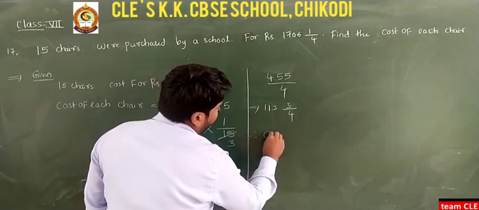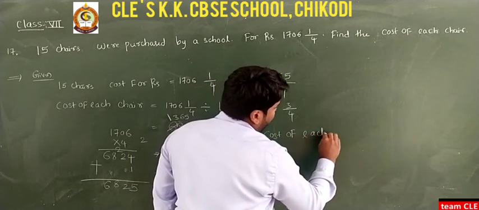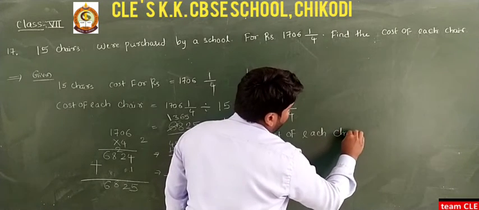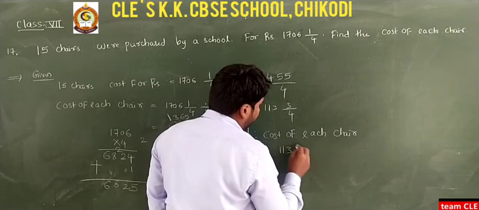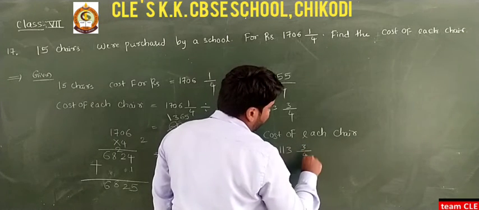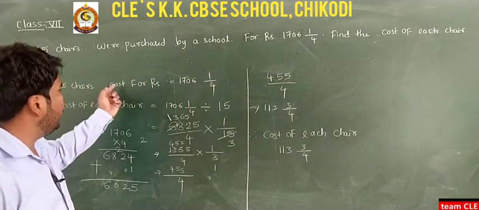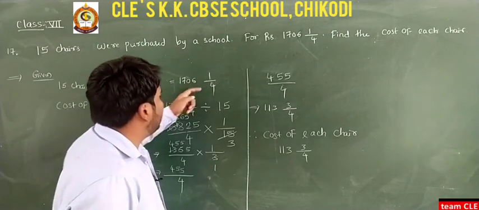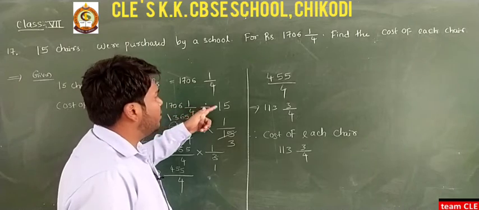Therefore the cost of each chair is 113 integer 3 by 4. Please note down this problem. First, write: 15 chairs cost rupees 1706 integer 1 by 4. Cost of each chair is 1706 1 by 4 divided by 15.